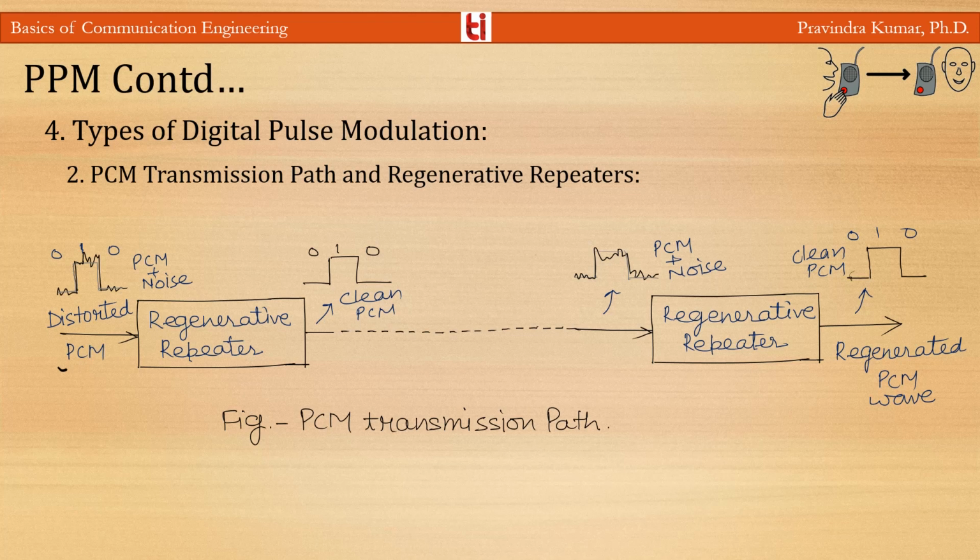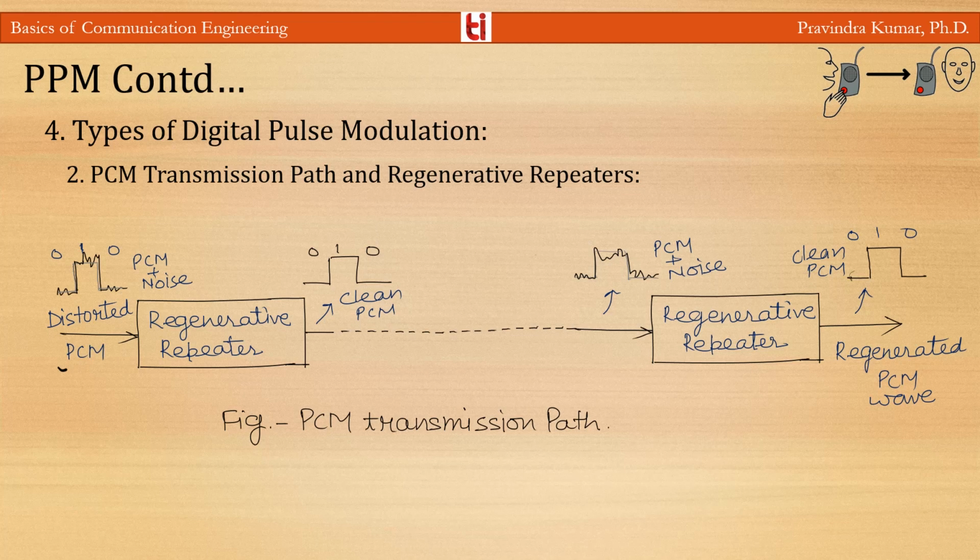As you can see in this figure, the regenerative repeaters perform three basic operations: quantization, timing and decision making. Each repeater reproduces a clean, noise-free PCM signal from the PCM signal distorted by the channel noise, and this improves the performance of PCM in the presence of noise.